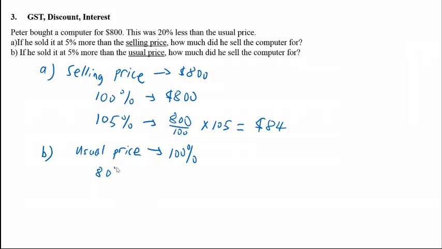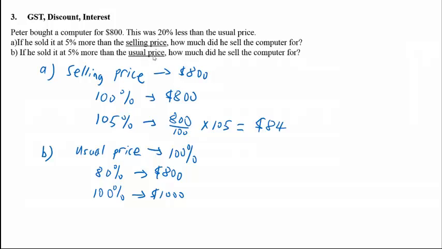So this 80% will stand for the selling price, which is $800. From here I need to find 100%, so I simply take 800 divided by 80 times 100. I'll get $1,000. So this $1,000 will be the usual price.